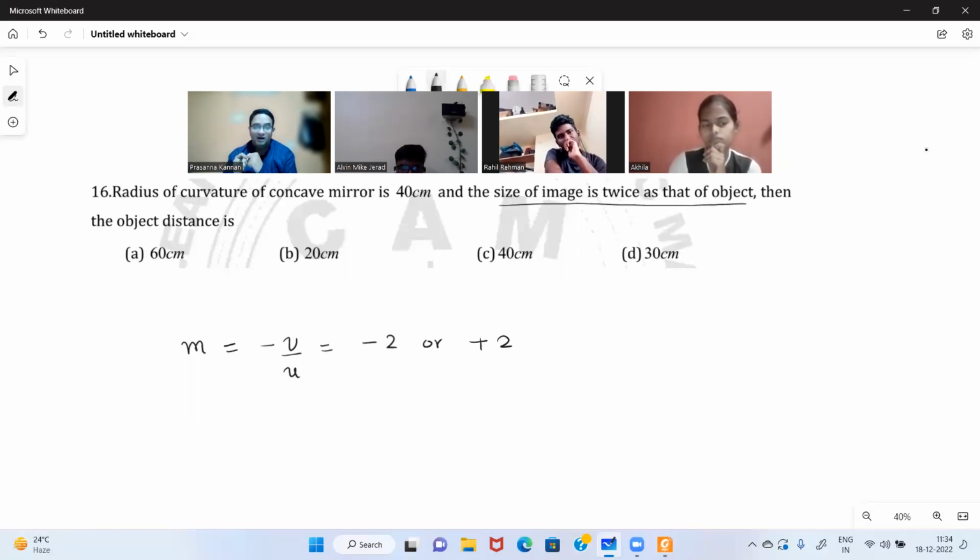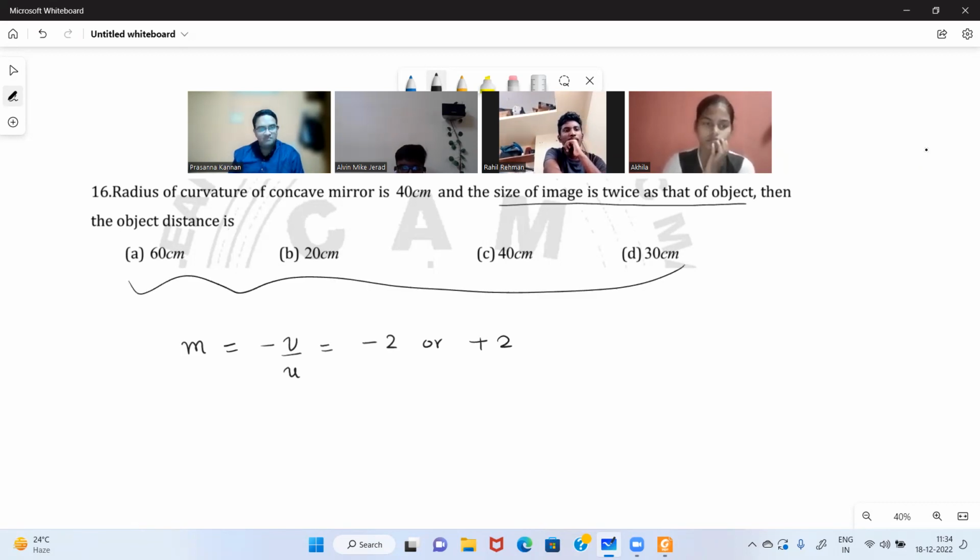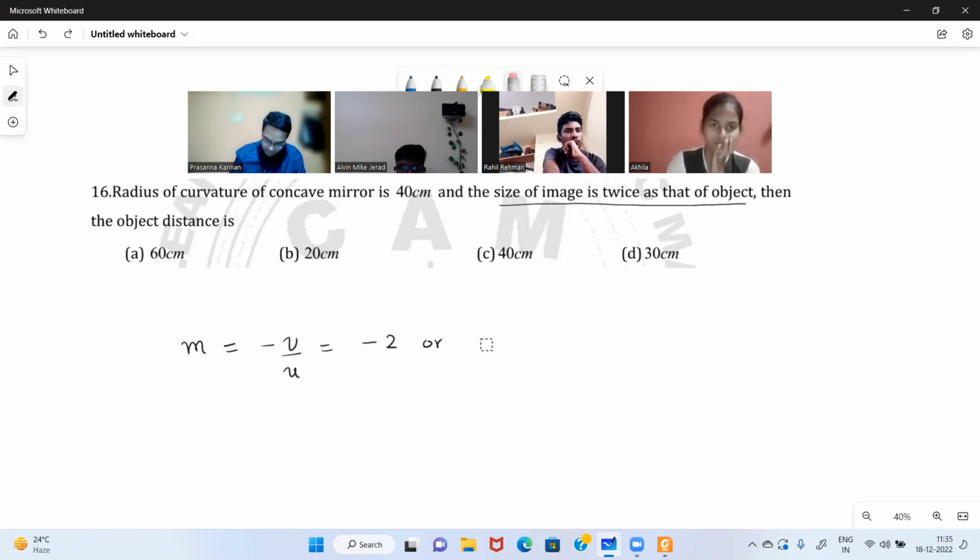For that, you must have the object between focus and the pole, which means the answer must be less than 20. Do you have any option less than 20? No, sir. Therefore it is not plus 2. It has to be only minus 2.